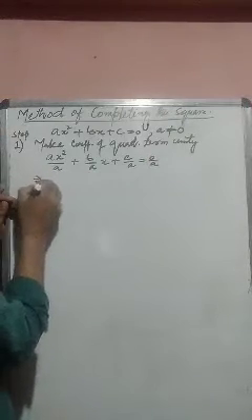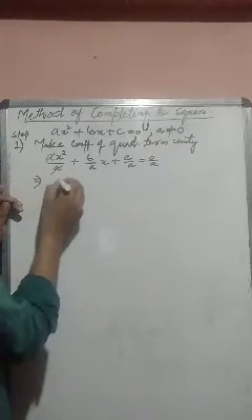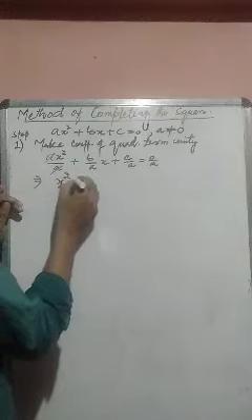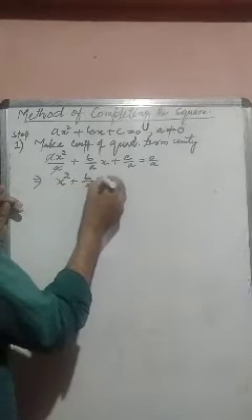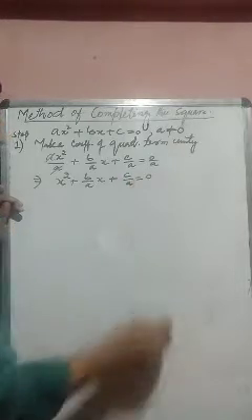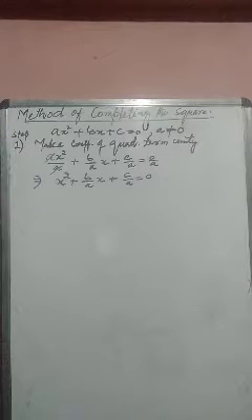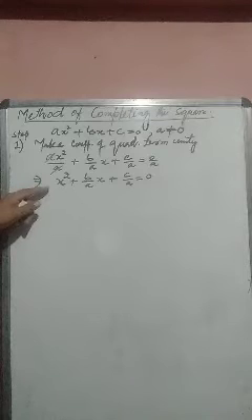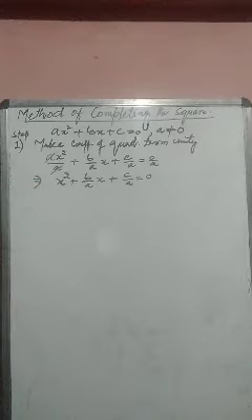Here you see that a and a get cancelled from numerator and denominator. It is now x square plus b by a x plus c by a equal to 0. Now it is the quadratic equation with coefficient of x square as 1.